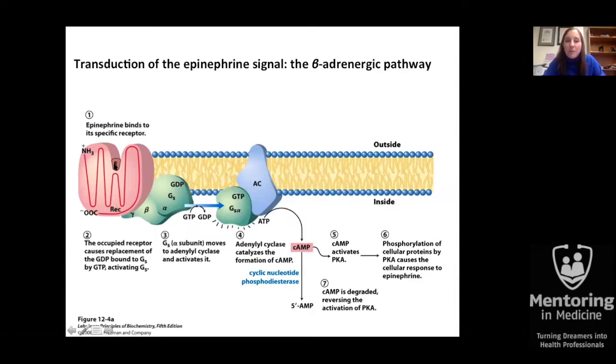We have the binding of the epinephrine to its specific receptor, and as a result, we see a conformational shift in the epinephrine receptor, which results in the alpha subunit of the G protein, which is this green unit here. So just, I guess, to rewind a bit, the G protein in this context contains an alpha, a beta, and a gamma subunit.